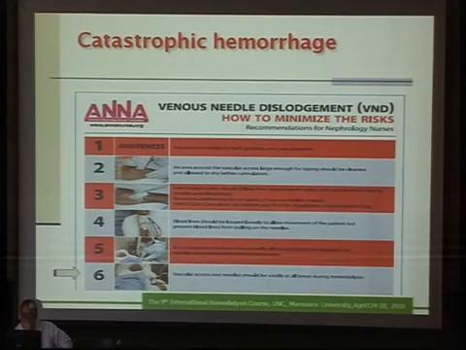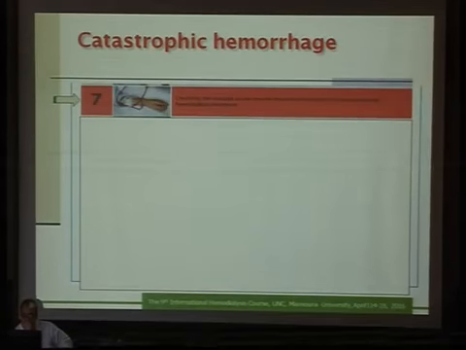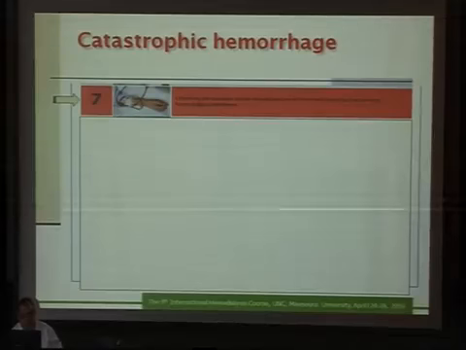The vascular access and needles should be visible all the time during the hemodialysis. This is very important, not to be covered. And checking the vascular access should be part of the monitoring, like when we monitor the vital signs, pulse, blood pressure, etc. We should check the vascular site each time.